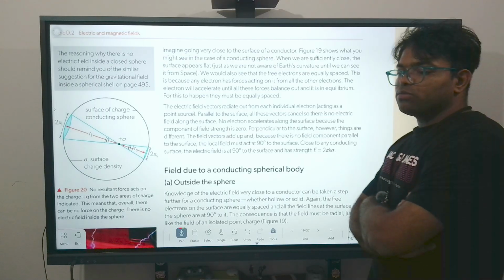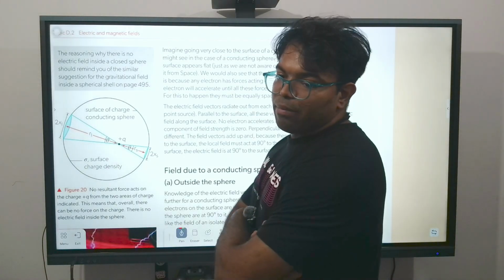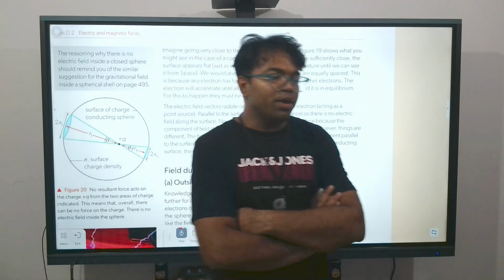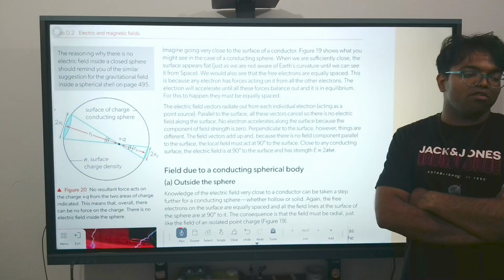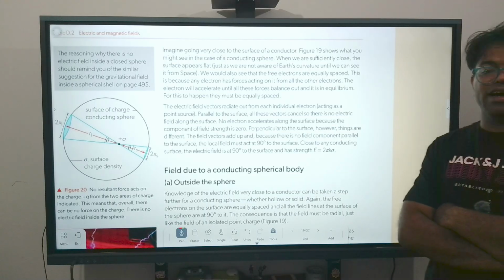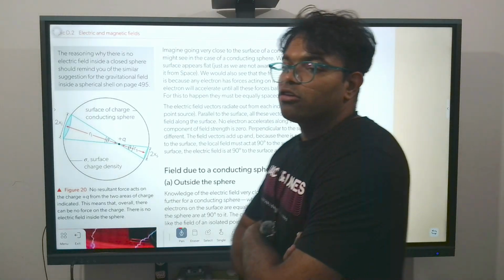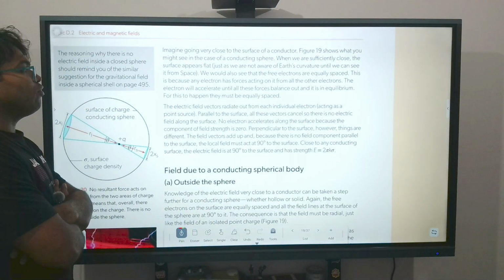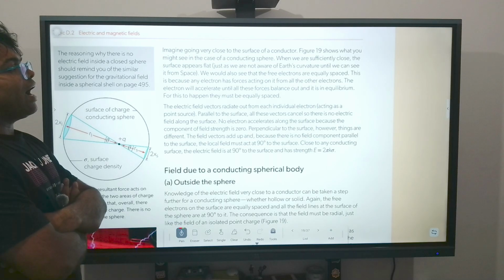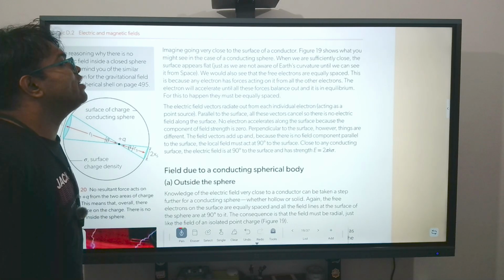That was one of the major reasons why people thought the Earth was flat, because the Earth is massive, so you can consider the surface at any particular point small enough to be a flat surface. Okay, so we would also see that free electrons are equally spaced.